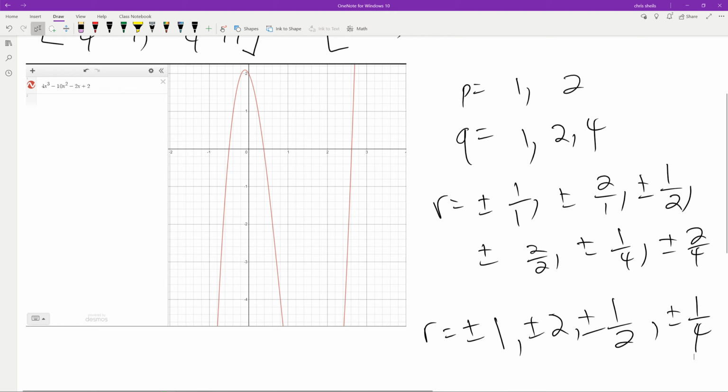Let's see. It looks here like plus or minus 1/2, judging by the graph, are the most likely to actually be roots. Plus or minus 1 wouldn't make any sense, right? Plus or minus 1 are here and here. I definitely don't have roots there. Plus or minus 2, I definitely don't have roots there or there. So I can actually cross those out.